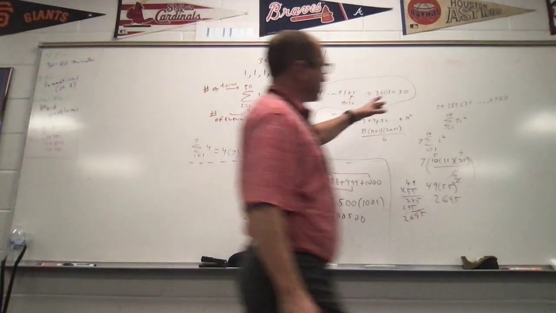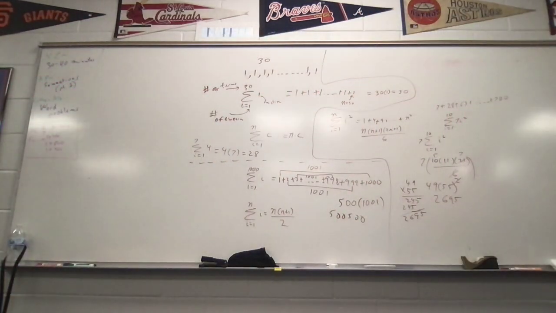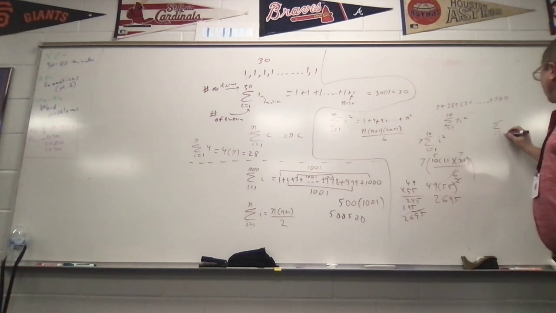So if I add 7 plus 28 plus 63 plus whatever 7 times 16 is, and 7 times 25, and then keep going till you get to 7 times 10 squared, you add all those numbers together, you get 2695. All right, the last one, I'm not going to do an example with it, is i equals 1 to n.